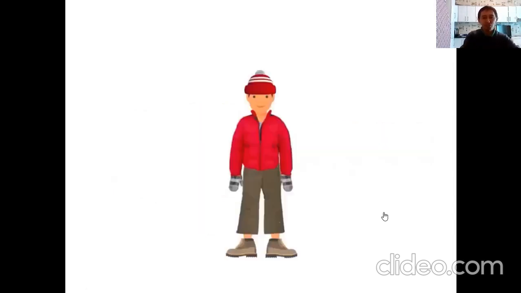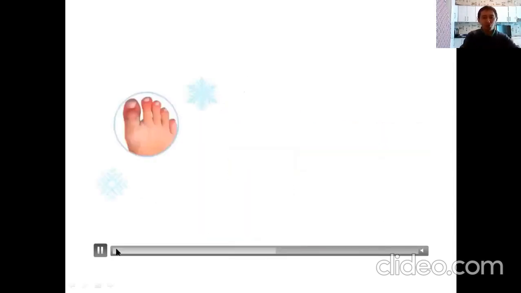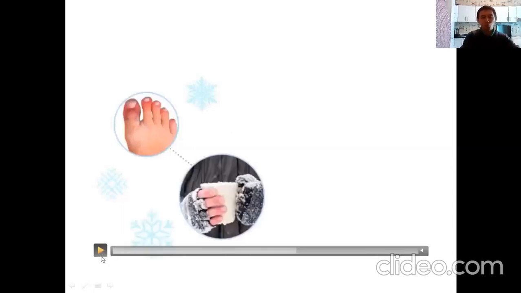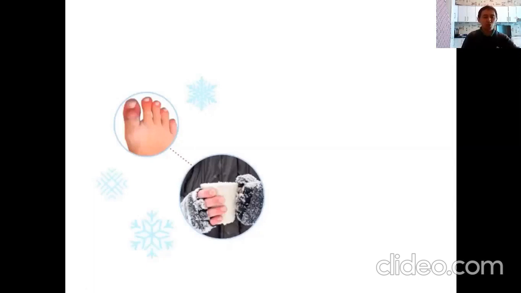Most of us think that by wearing clothes we raise our body temperature, but this is not correct, because you are just preventing the flow from your body to the atmosphere.